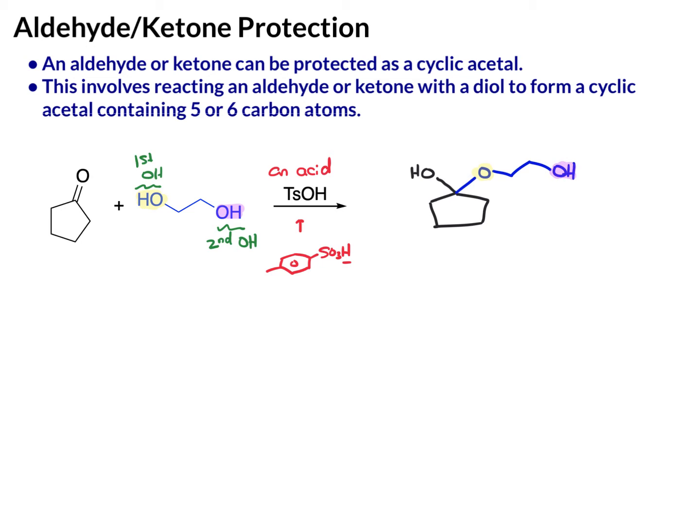So this is the hemiacetal, but then this will continue to react in the presence of the acid, and eventually this particular diol gives us a 5-carbon cyclic acetal.